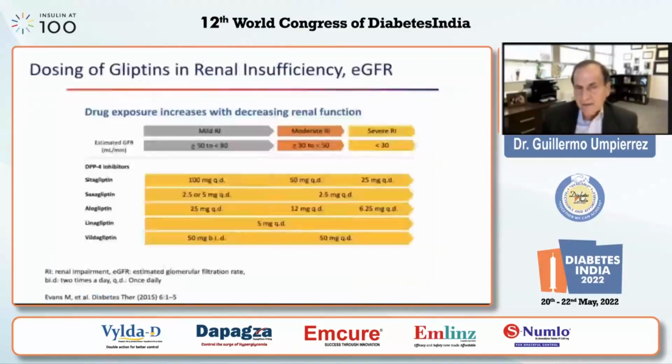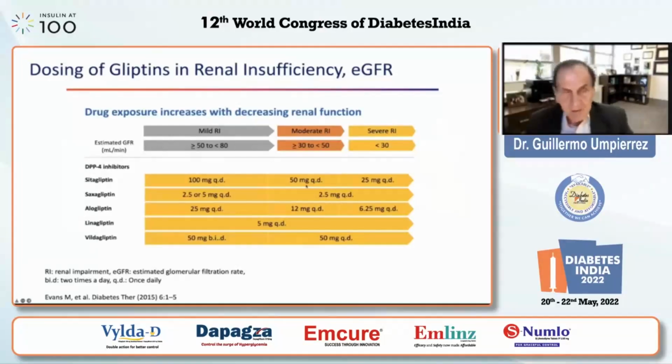Unfortunately, we don't have that evidence. And we should keep in mind that you have to adjust doses according to kidney function, whether mild, moderate, or severe renal insufficiency. The only DPP-4 inhibitor that you can use even in dialysis is linagliptin. For vildagliptin, which is used all over the world except in the United States, instead of giving it twice a day, you give it once a day, and you have to adjust the dose.